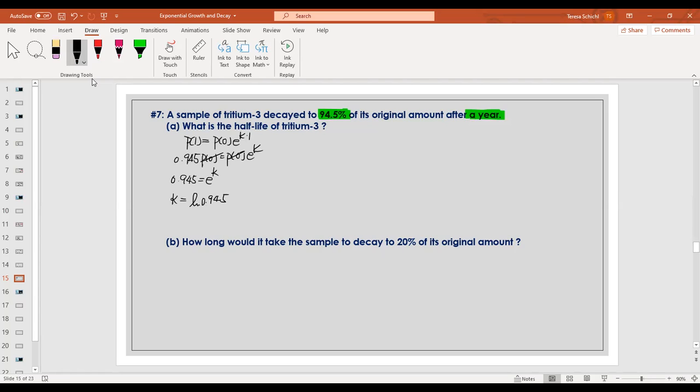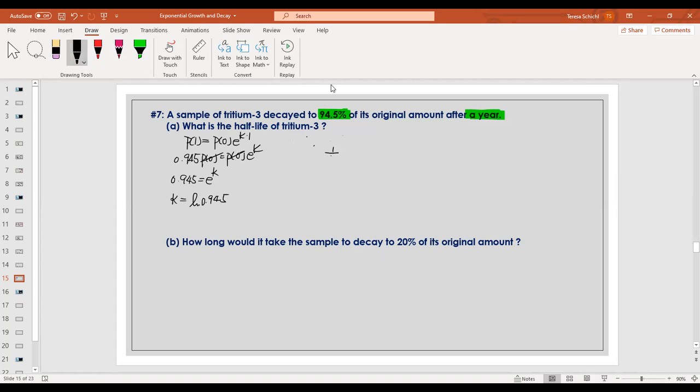So half-life means, how long does it take, right? So I'm looking for P(t). It's a half-life, that means it's half of P0.